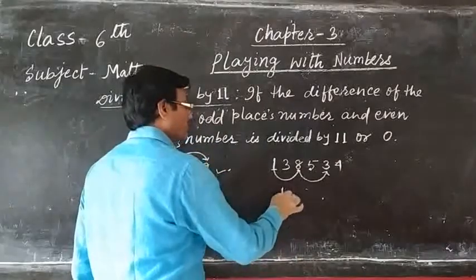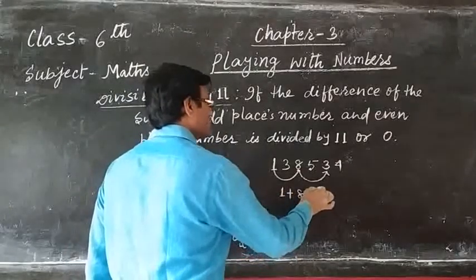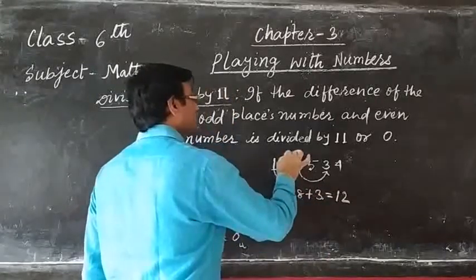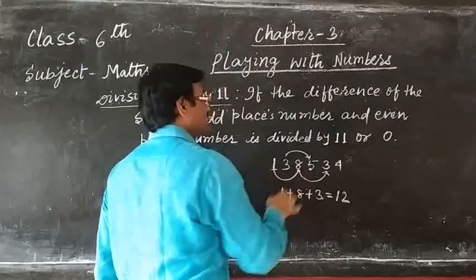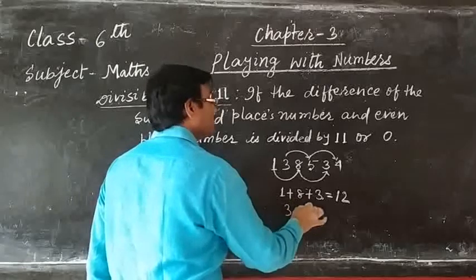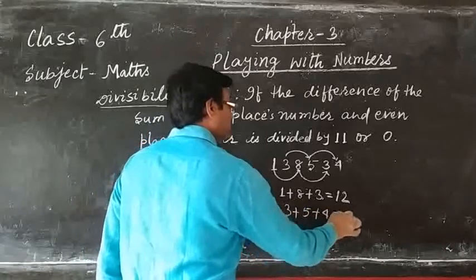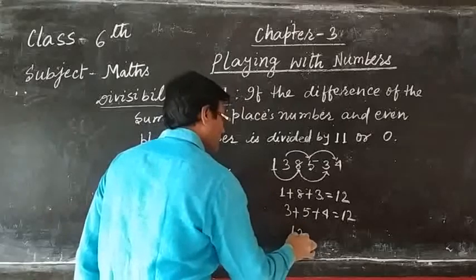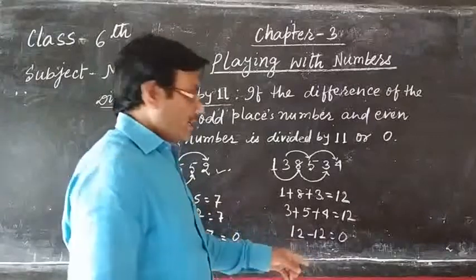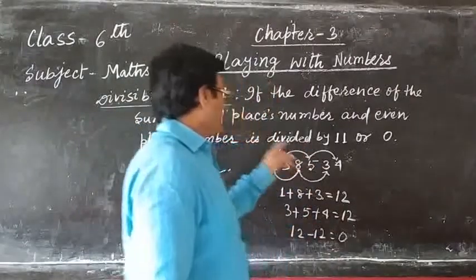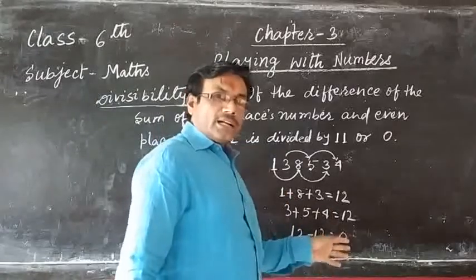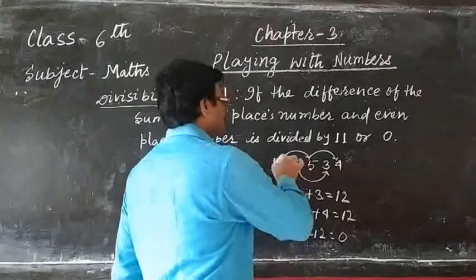So add them: 1 plus 8 is 9, plus 3 is 12. Again here add 3, 5, 8, and 4, 12. Now subtract them. 12 minus 12 is equal to 0. Students, this shows that the outcome is 0. It must be divisible by 11. Means it is not applicable for here, but applicable for whole numbers.